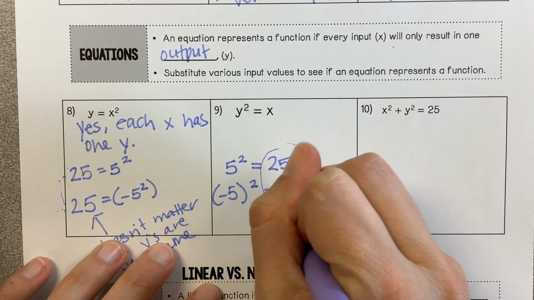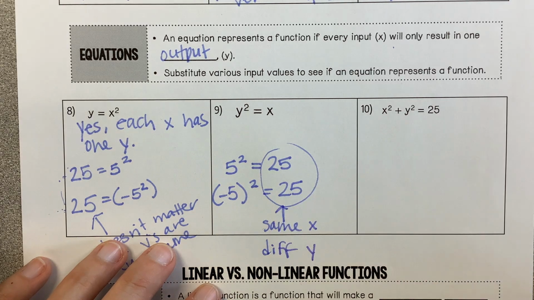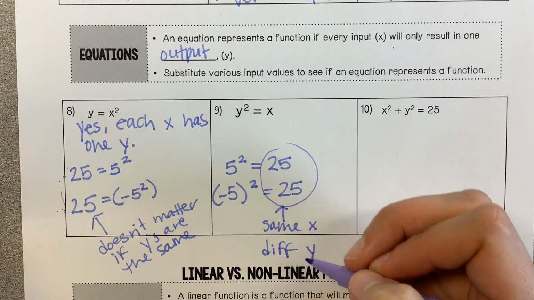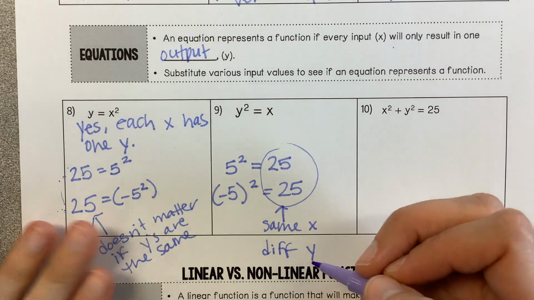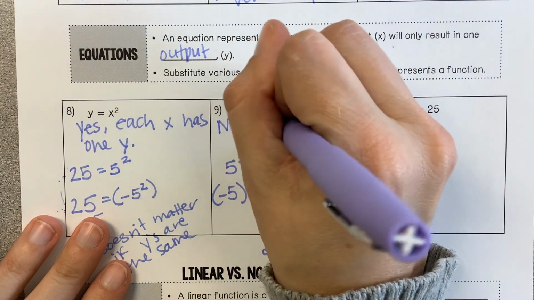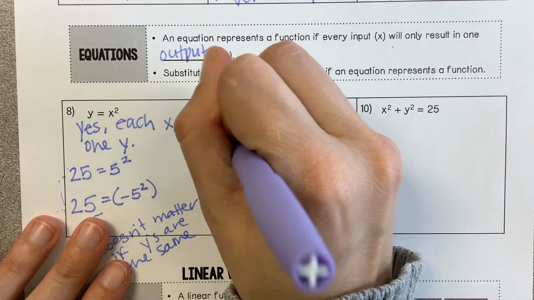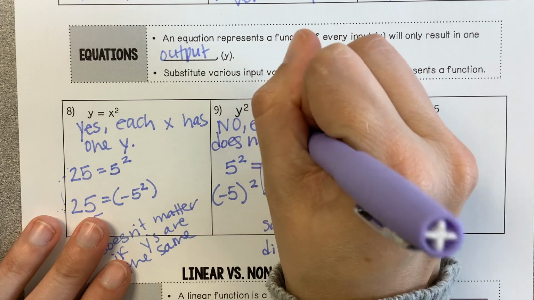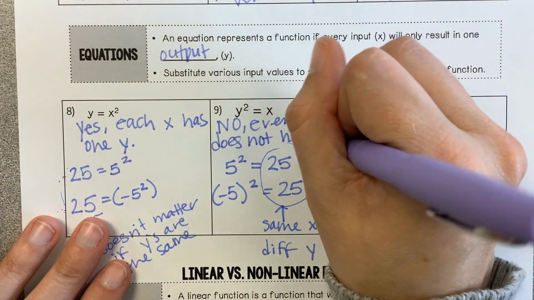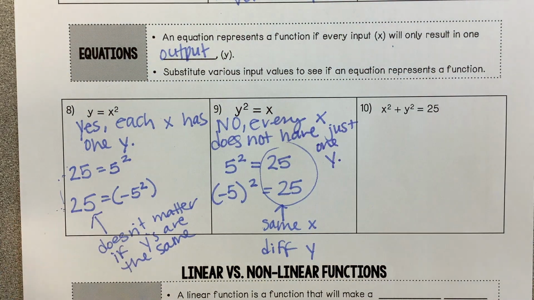We have a same x, different y. We can't have that. There can't be two different y values that go with an x. So no, this is not a function. Every x does not have just one y.